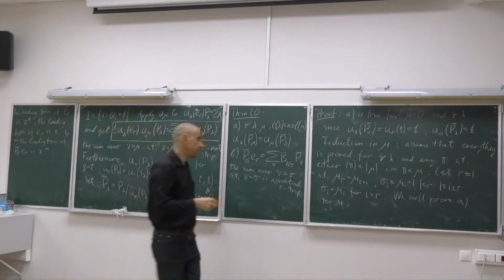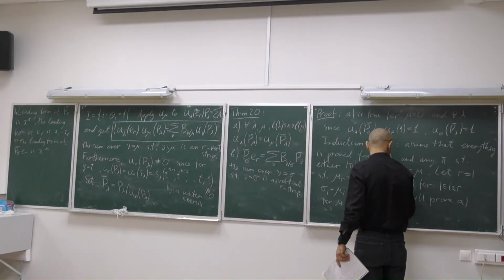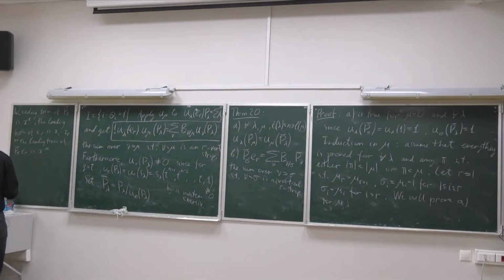Yeah, so we decreased the first r parts of mu by 1, but then multiplied by this x1 through xr, so we get this.